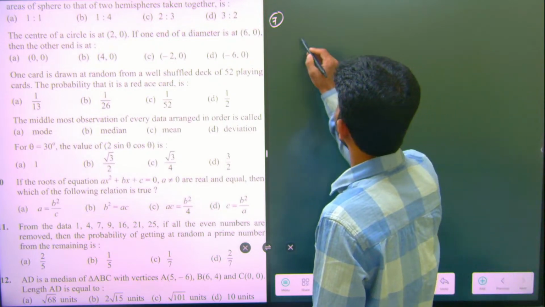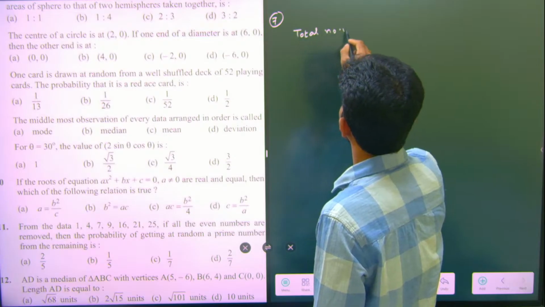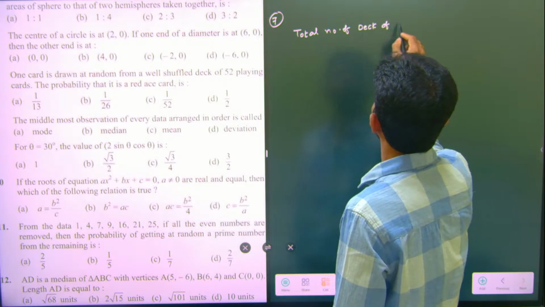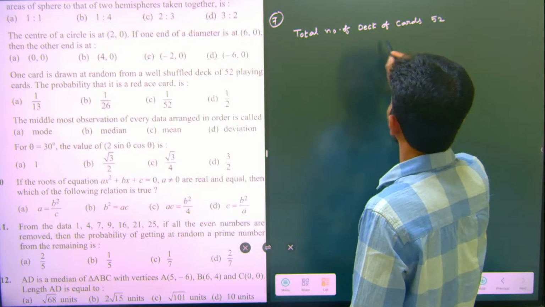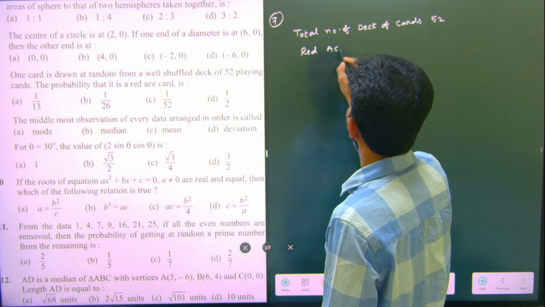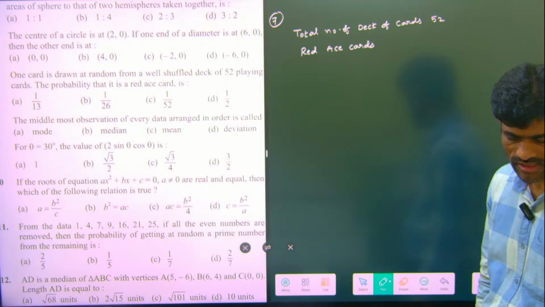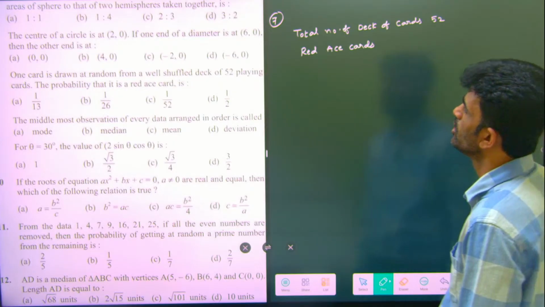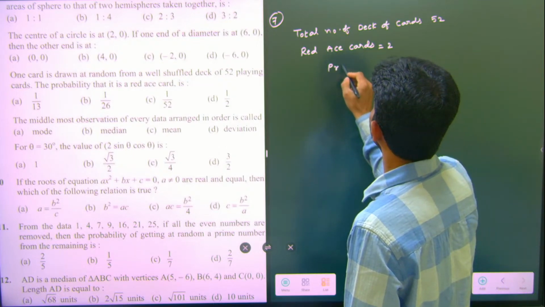Total number of cards is 52. In that, total number of ace cards are 4, and in that red color ace cards are 2. So probability is what?